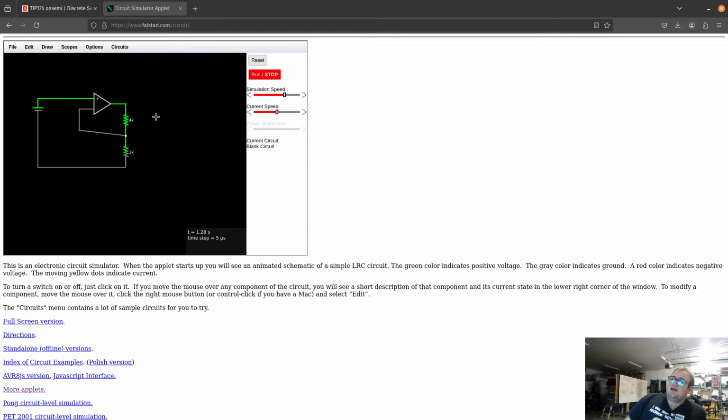That means we have to be applying something that would cause 5 milliamps to flow through both of these. So that's 5K resistance. And then we want 5 milliamps going through it. So 5 times 5 is 25 volts.